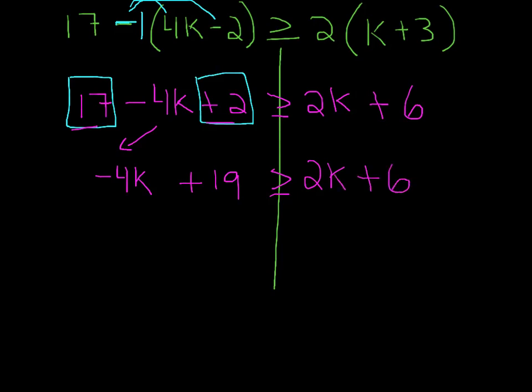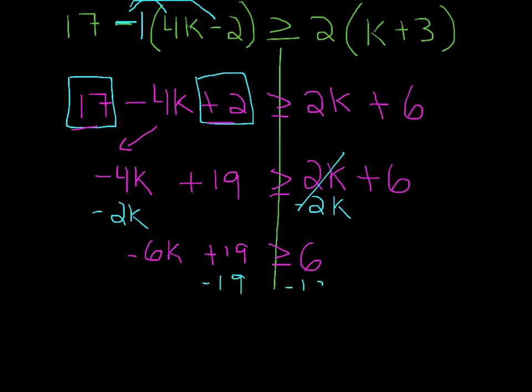Now, let's get our variable onto one side of the inequality. So I'm going to subtract 2k. And negative 4k minus 2k is negative 6k, plus 19 is greater than or equal to 6. Next step, subtract 19. So negative 6k is greater than or equal to negative 13.